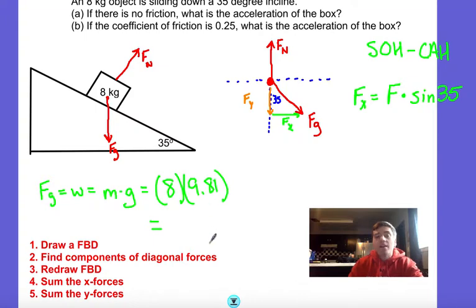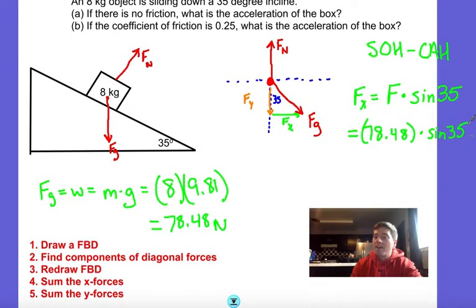So we have 8 times 9.81, which is 78.48. That's a weight, so it's in newtons. All right, we can plug that in over here. This is something you can plug into your calculator. Just make sure that we're on degrees and not radians. And that gives us about 45.01 newtons. So that is our F sub x, our horizontal force from gravity.